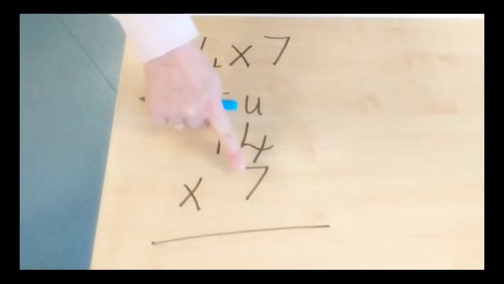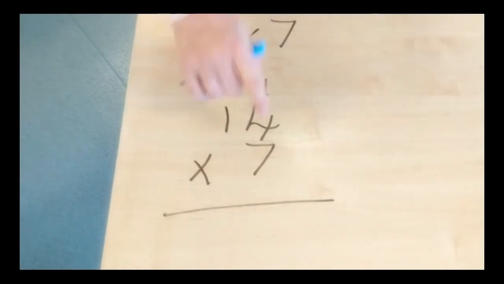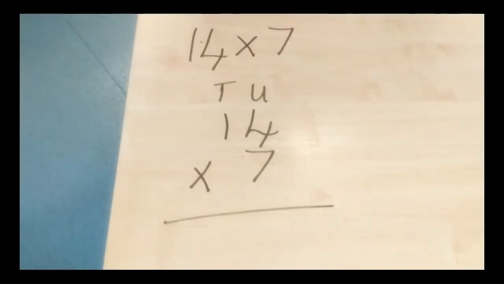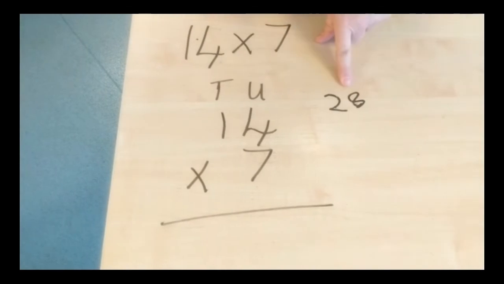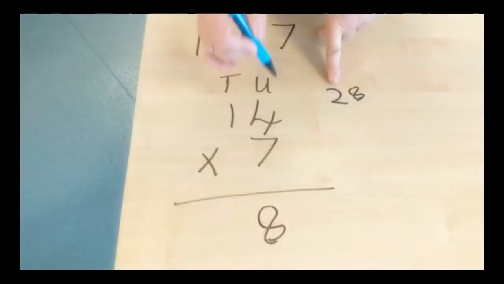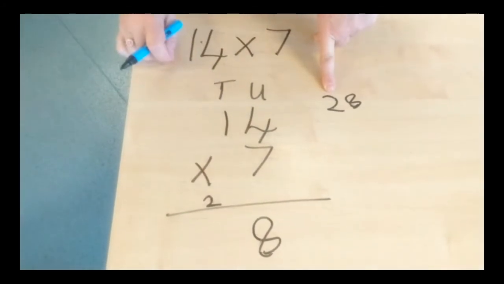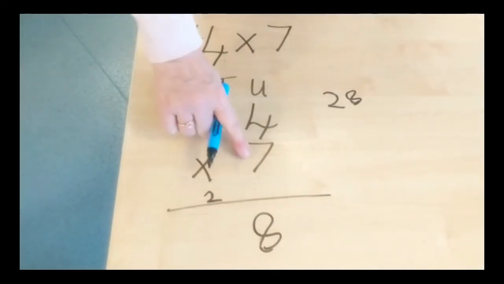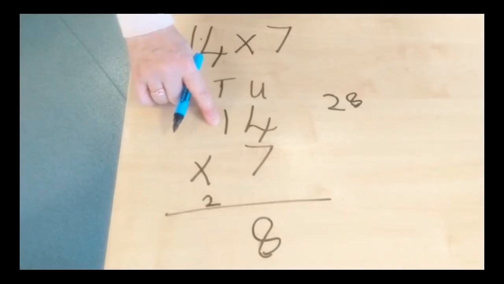So I can go 7 times 4, or as we know, I could go 4 times 7. 4 times 7 is 28. 8 is in the units. My 2 I'll put here to remind me to add it when I multiply my tens. 7 times 10 is 70.